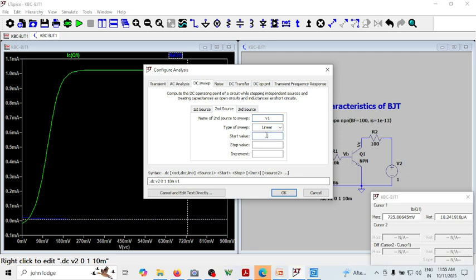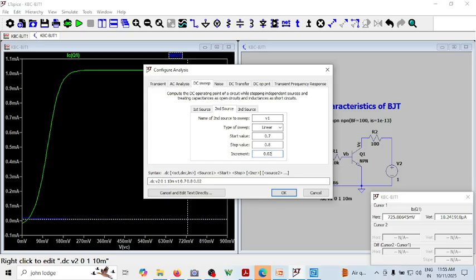Let this be from 0.6 to 0.8 in steps of 0.05.